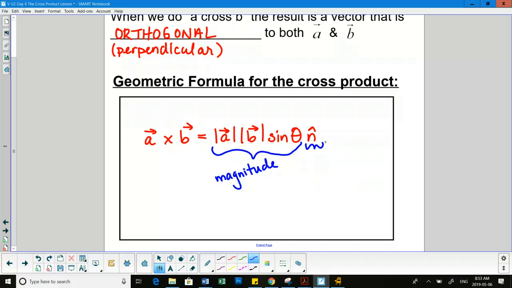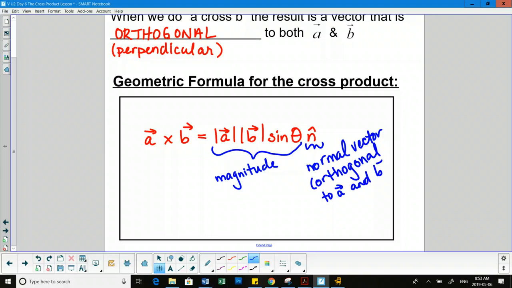You might know it from doing torque in physics. This will be our normal vector, perpendicular or orthogonal to A and B, and then we need to tell whether it's going out or in.